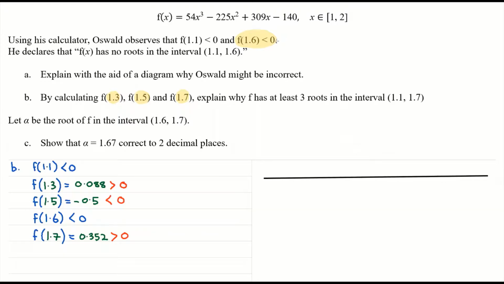The interval we're working on is between 1.1 and 1.6, sorry, 1.7. So we'll just indicate those on here. So we'll start with 1.1. Okay. The next value we get is 1.3, which I'll put about there. Then we have 1.5. Then 1.6. And then 1.7.